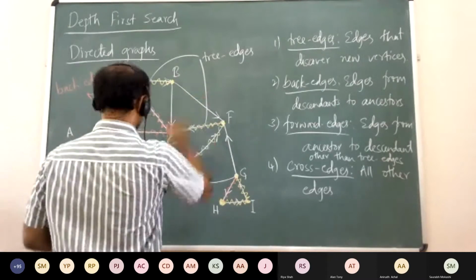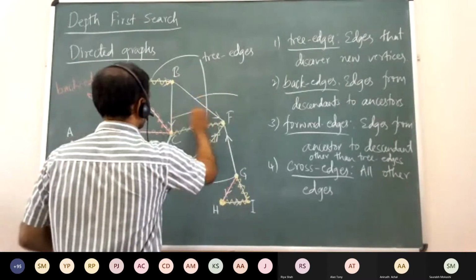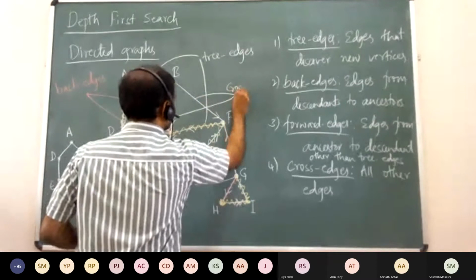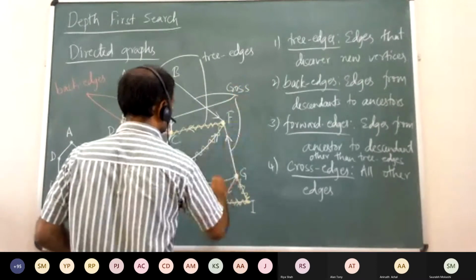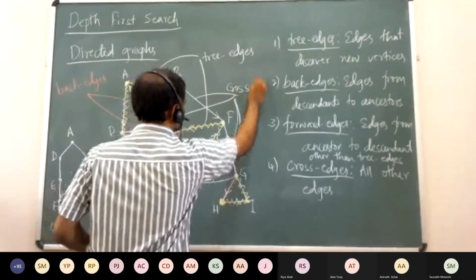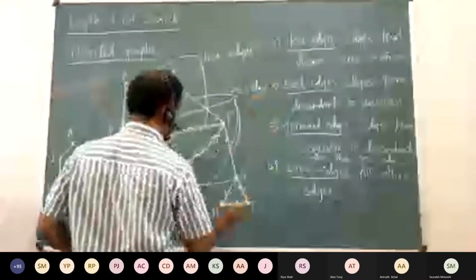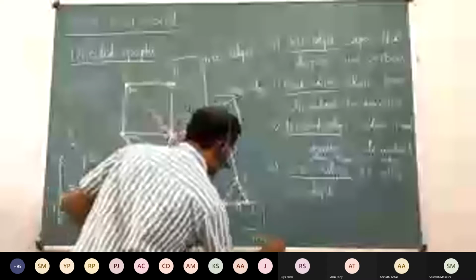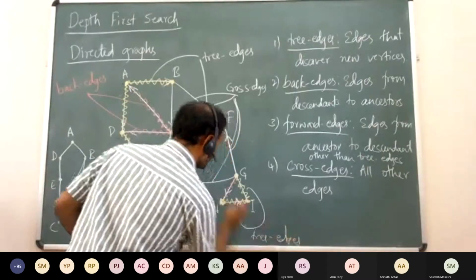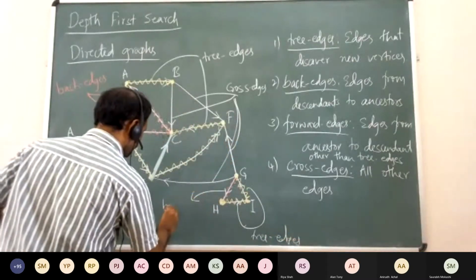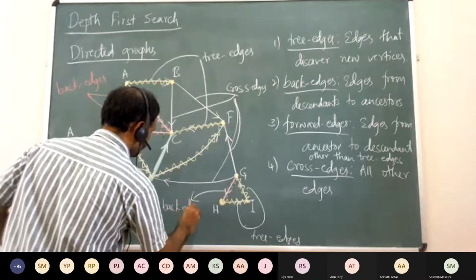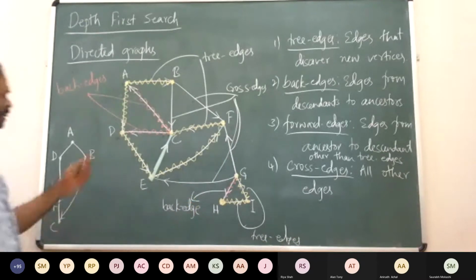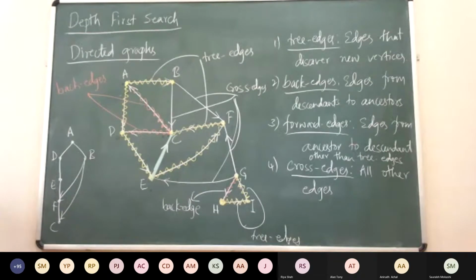Even this one, these are cross edges, right? These are again tree edges. This is a back edge. There seems to be only one forward edge. Oh, it's a nice example at least. Yeah, all the edges came.